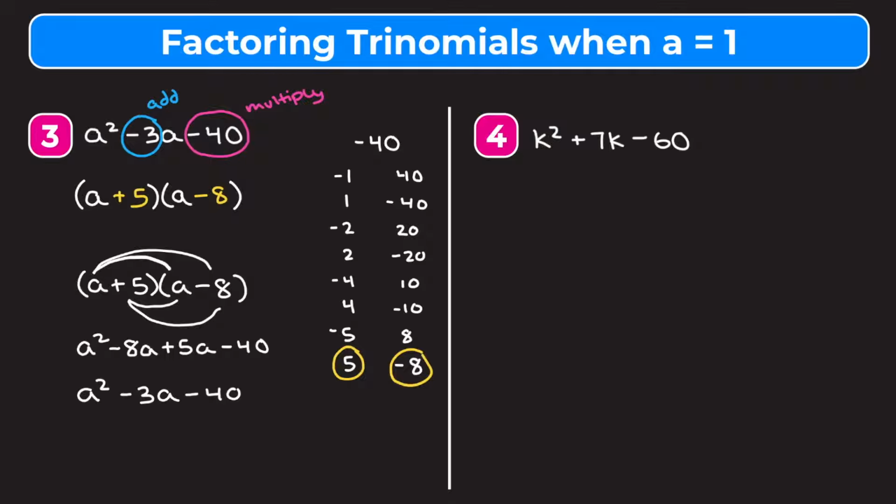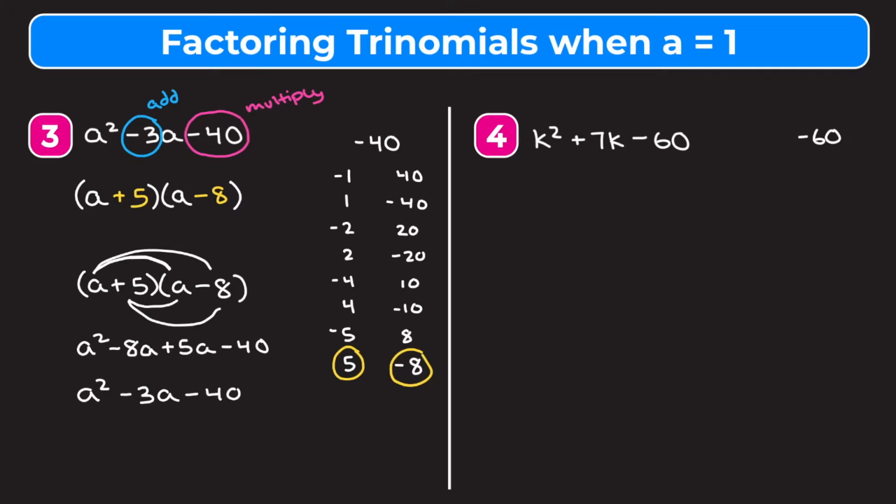So let's take a look at example 4, which is k squared plus 7k minus 60. So again, we have a negative c term, so we have negative 60. So we're going to need one positive factor and one negative factor. I'm not going to write down all the factors of 60 because there's a lot. So we're going to think about two factors of 60 where one's positive and one's negative, and when you combine them together, you get 7.